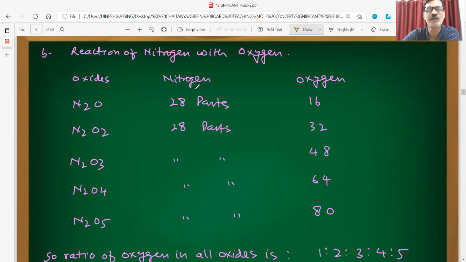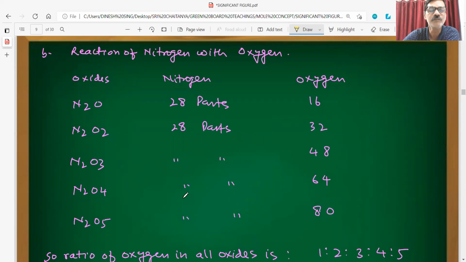In N2O, 28 parts of nitrogen are present, 16 parts of oxygen are present. Second is nitric oxide, that is NO, here in dimer form: 28 parts of nitrogen, 32 parts of oxygen. In nitrogen trioxide, 28 parts nitrogen, 48 parts oxygen.